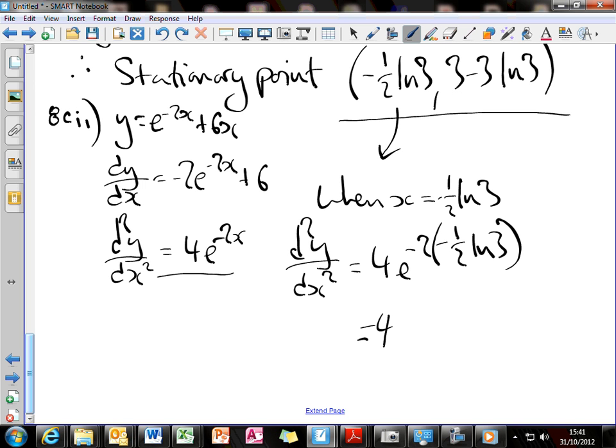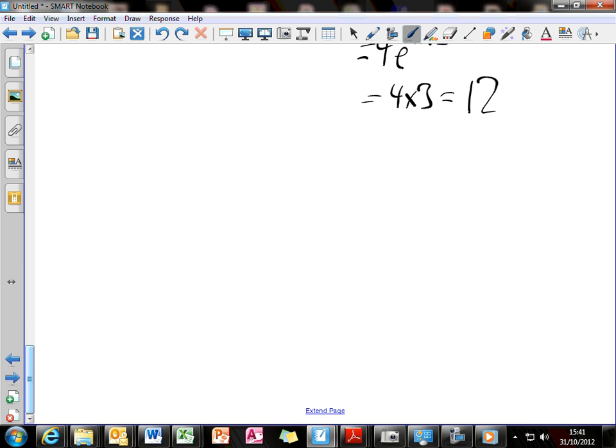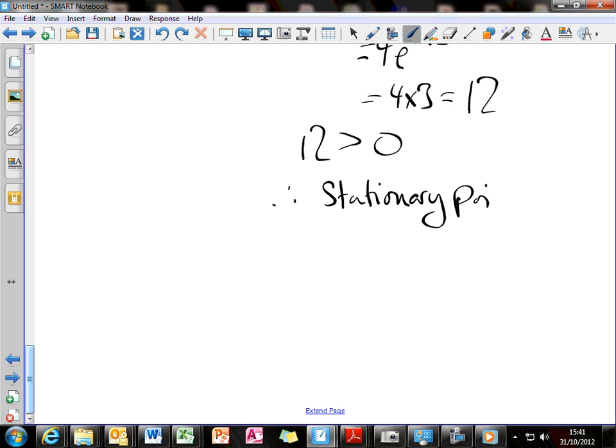The minuses are going to cancel, the 2 is going to cancel again, so this is 4e to the ln 3. And the e and the ln obviously cancel, so we just get 4 times 3, which is 12. So the second differentiation is 12. 12 is greater than 0, therefore the stationary point is a minimum.